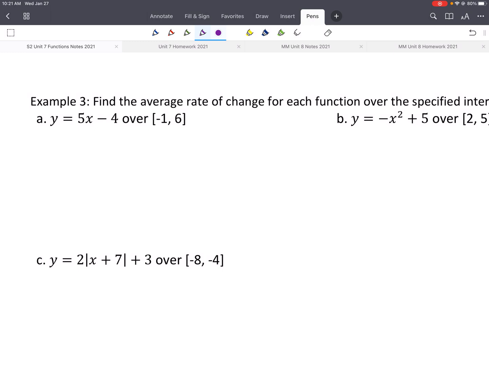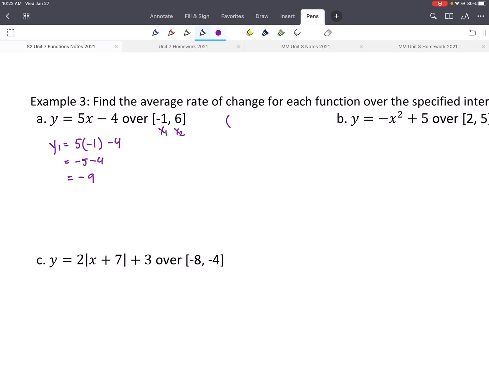Okay, so here we have our intervals. This is like our x1 and our x2. And we want to find our y1 and y2. So we'll just evaluate our function. So y1 is going to be 5 times whatever x1 is, so negative 1, minus 4. And that ends up giving you negative 5 minus 4, or negative 9.